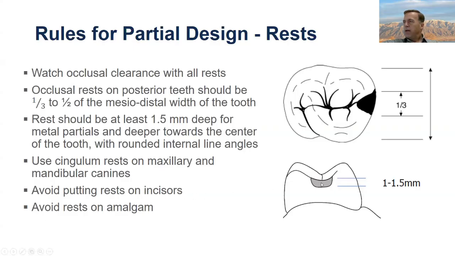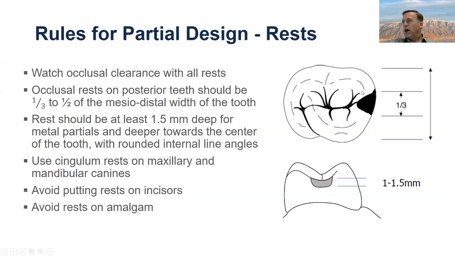So we want 1 to 1.5 millimeters of thickness on the rest, which is either prepped into the tooth, or we can fill in some of the tooth's contour based on the occlusion. And we want nice rounded internal line angles. As you guys know, sharp corners from a materials perspective are where forces tend to congregate. So you're going to have fractures tend to develop from sharp corners.